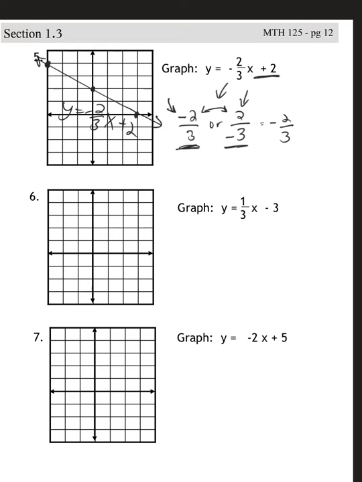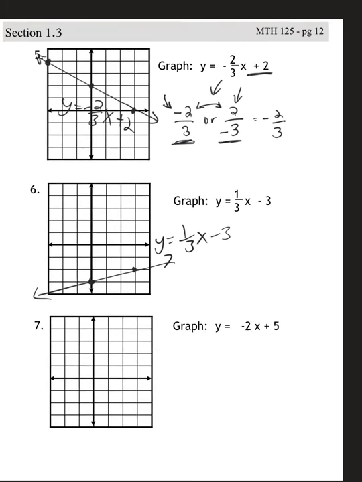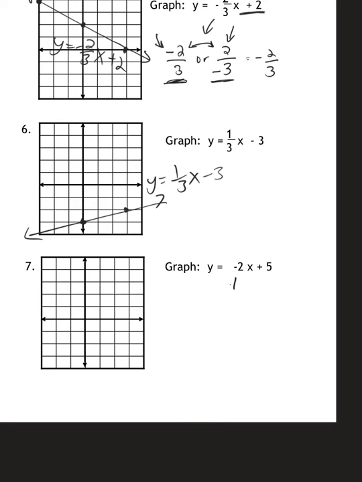So for number 6, my y-intercept is negative 3. My slope is rise 1, run 3. There it is. I can only make 1 point with the limitations I have with my graph. Draw, arrow, label. For this last one, I have a slope of -2, so I can express that one of two ways.